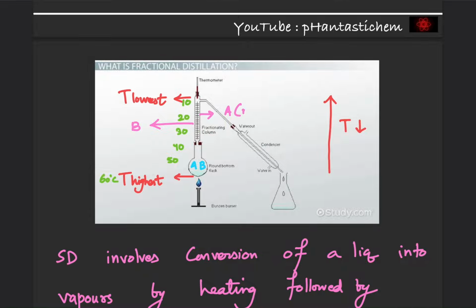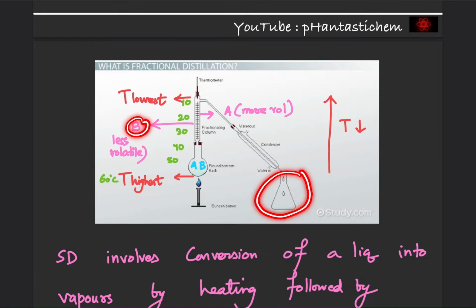So I will write A more volatile, B is less volatile. This process is repeated. The vapors of A escape into the condenser and consist mostly of A, and we collect it in another beaker. So we collect A here and we are left with B in the original beaker. This is how fractional distillation works.